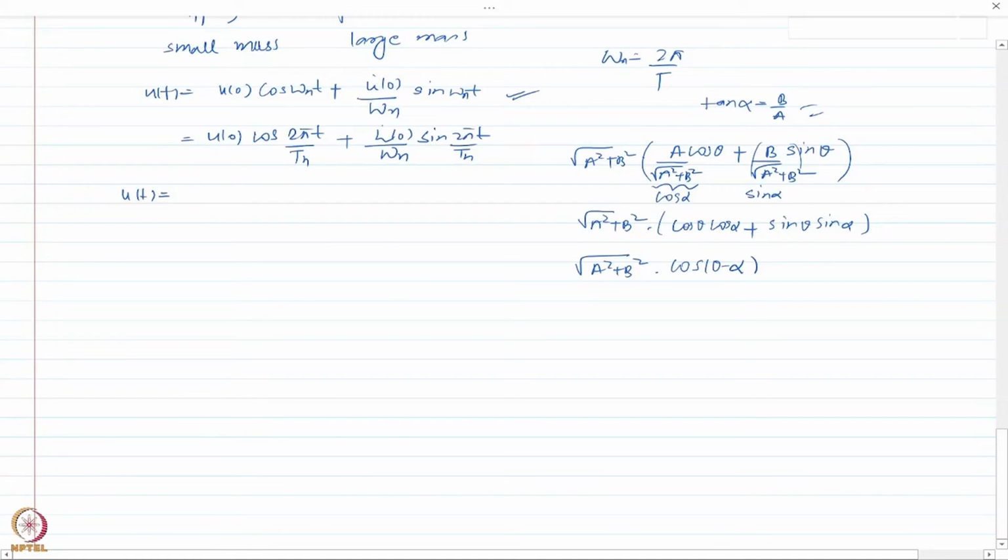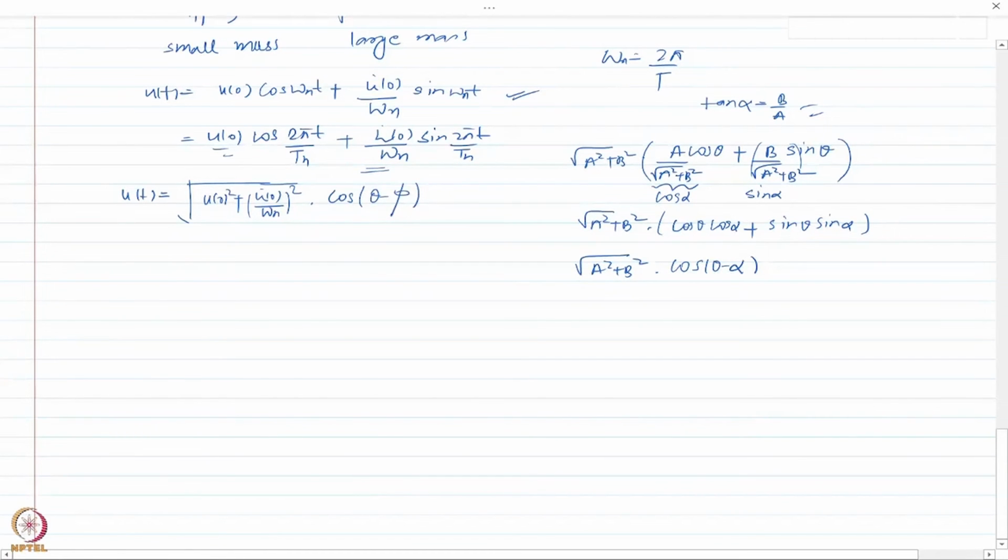And that we can substitute back here. In this case, remember my a is u of 0, b is u dot of 0 by omega n. So I can write this whole expression as the square root of the sum of squares times cos of theta minus, let us say instead of alpha, I represent this as phi.